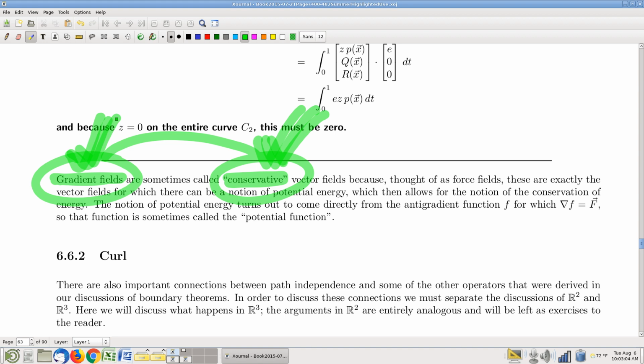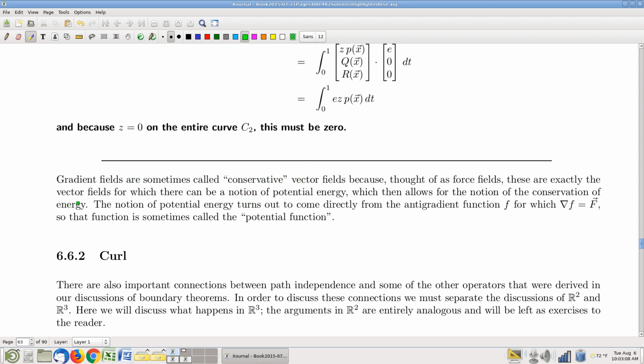So it's just a different preference of terminology. Okay. All right, likewise, that which I would prefer to call the anti-gradient, well, in the physics context, that is the potential energy. That's what potential energy is. It's the thing whose gradient is the vector. That's the thing that allows you to talk about this vector field as being path independent.